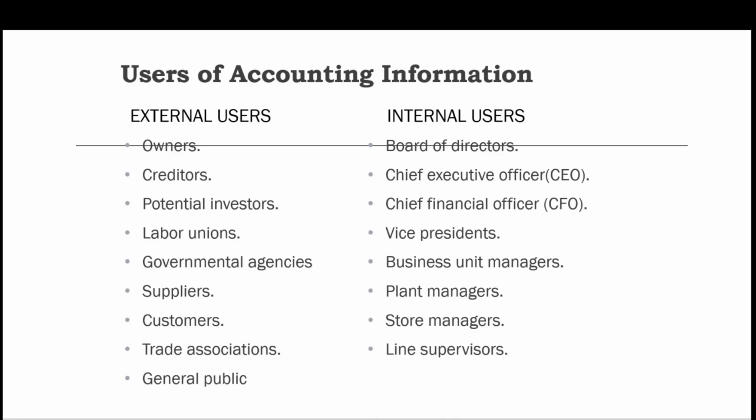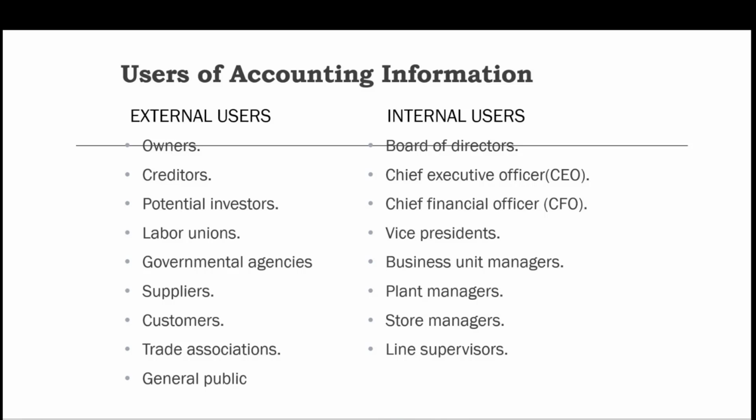So if you are able to have information quickly, you'll be able to outwit your competitors. And so that's why you should be able to present this management account information to them as quickly as possible. Store managers need that as soon as possible. Line supervisors, they need the information as soon as possible. Any questions?